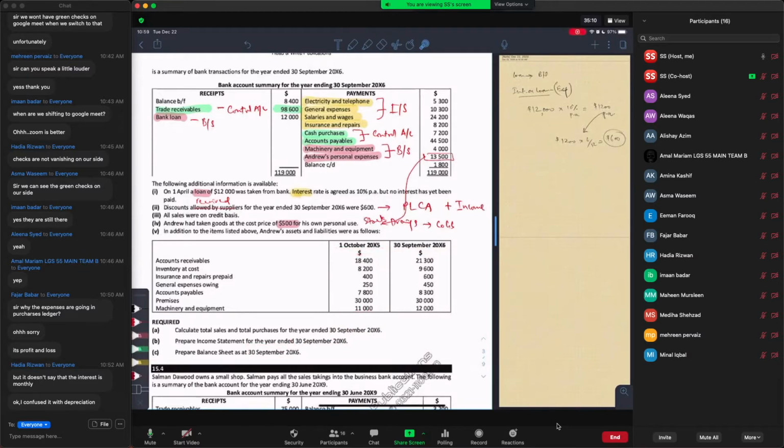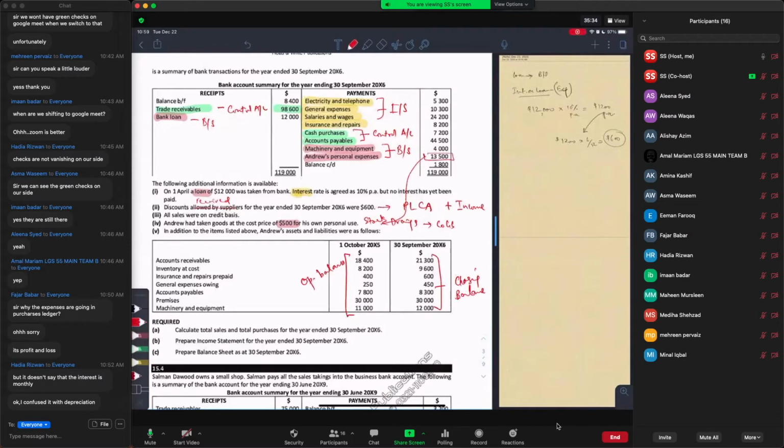These are all the opening balances. I'll write it down. These are all the opening balances of everything, and these are all your closing balances, right? For whatever item you choose, if you're looking for an opening balance, you'll take the first column value. If you're looking for a carried down balance or closing balance, you look at the second column.